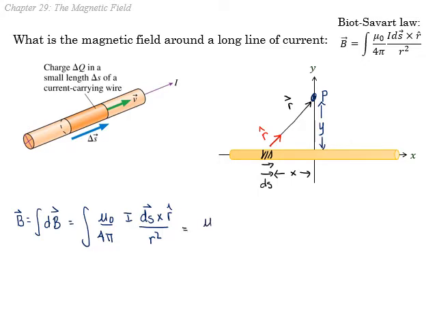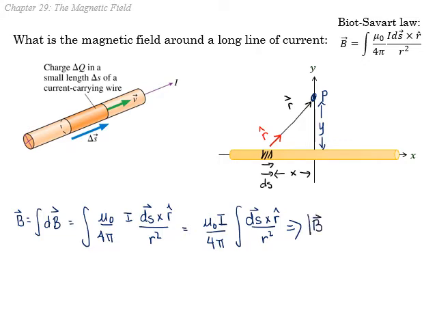Mu naught is a constant, current I is a constant, and 4 pi is constant. So now we're outside the integral of ds cross r hat over r squared. We'd like to find the magnitude of the magnetic field, because we can find the direction from our right-hand rule.